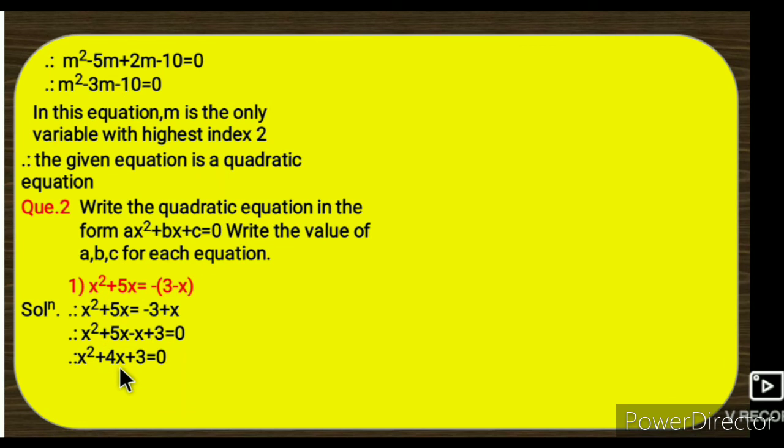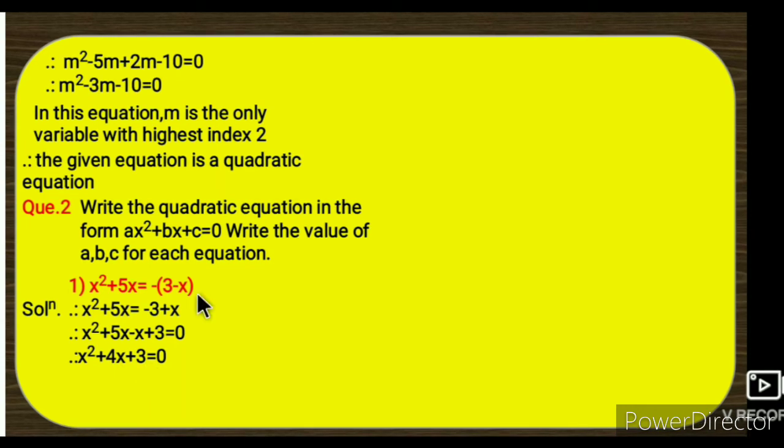This is the standard form of the given equation, ax² + bx + c = 0. Next, write down the values of a, b, c for the given equation. Compare the above equation with ax² + bx + c = 0. The value of a is the coefficient of x².